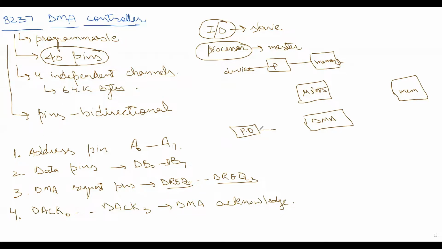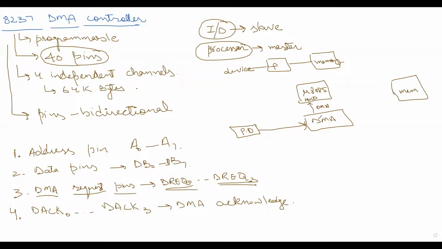It will first send a request to the DMA controller via one of these pins. When my DMA controller receives a DMA request from a peripheral device, it sends a request to 8085. And we know that in 8085 we have the hold pin to receive this input.